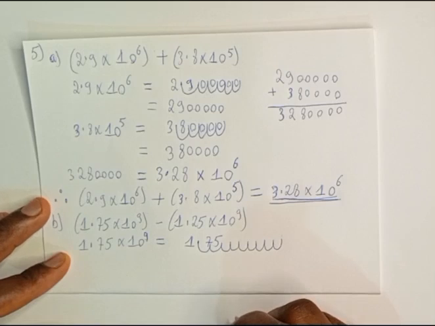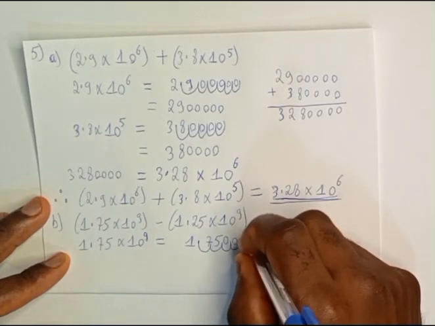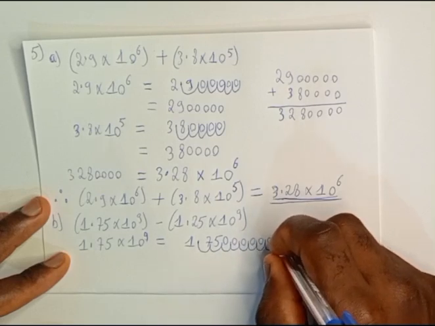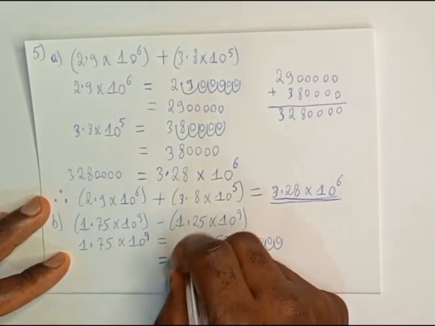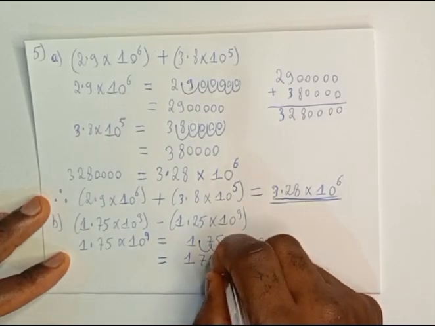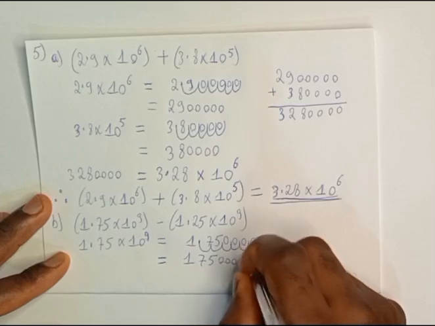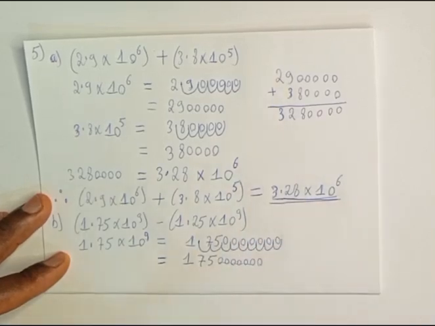Then we fill the empty spaces with zeros. And this will give us 1,750,000,000.